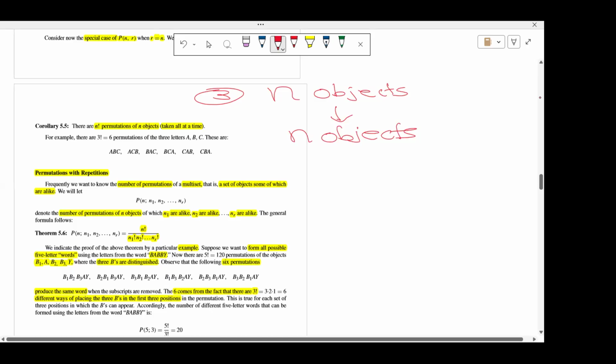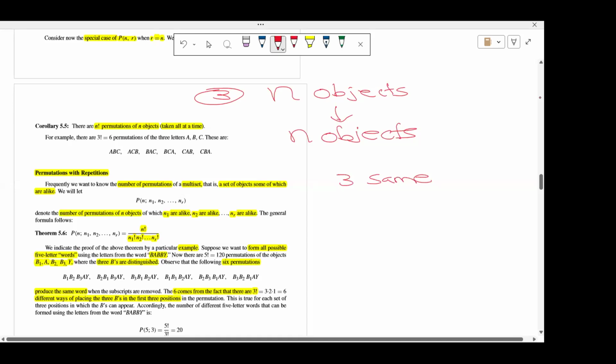I will explain with an example, then you can easily understand. You have n objects, and we need to utilize all n objects. Among these, maybe three same objects are there.